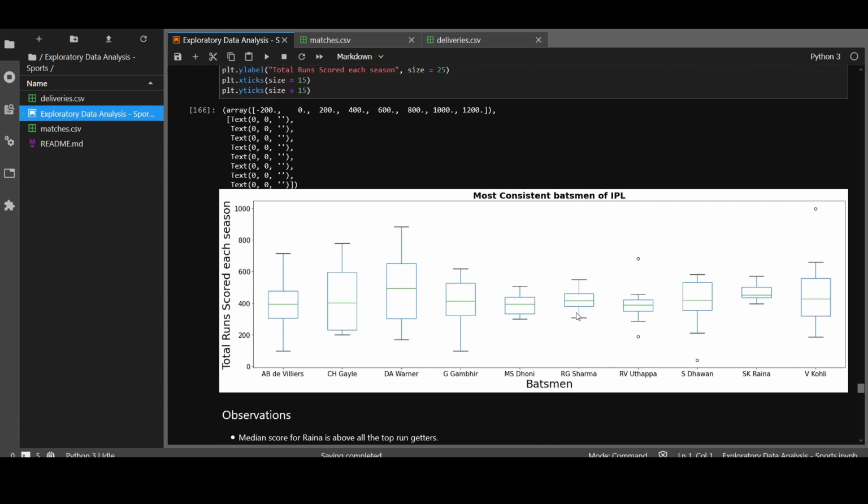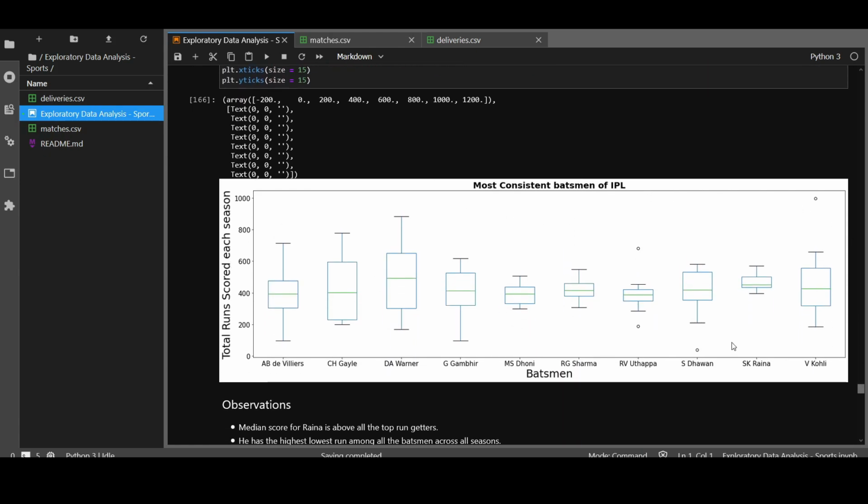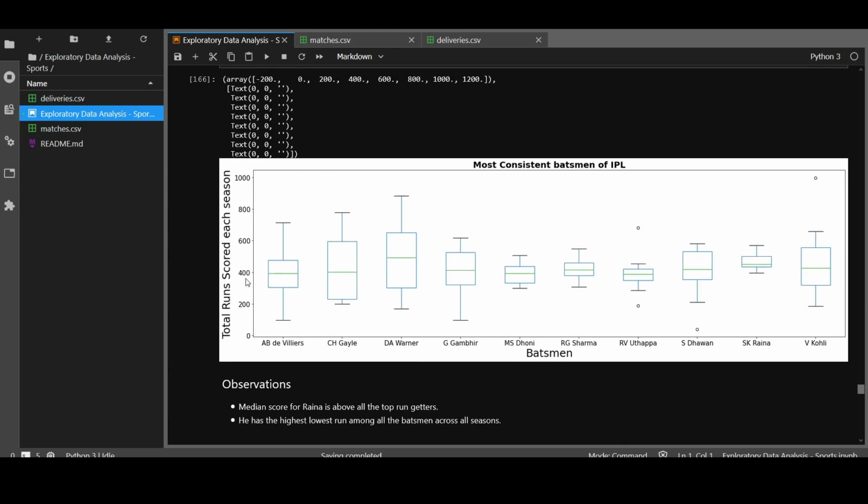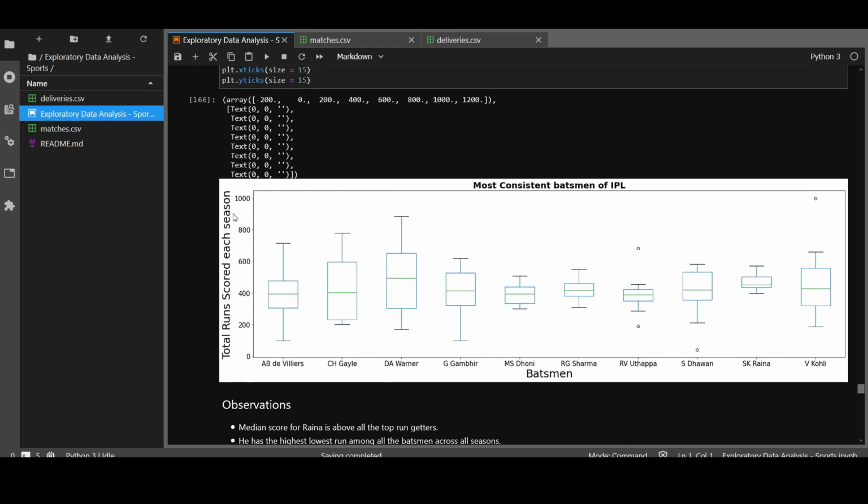Now I have plotted this box plot, and it shows the top 10 batsmen who have the most number of runs, and the total runs scored in each season.